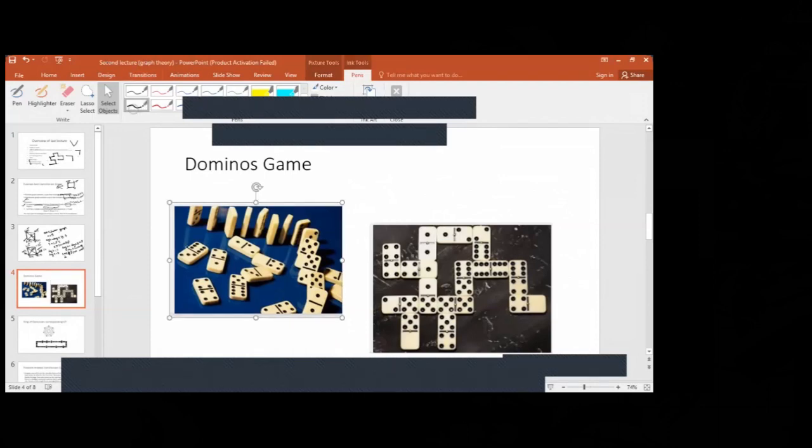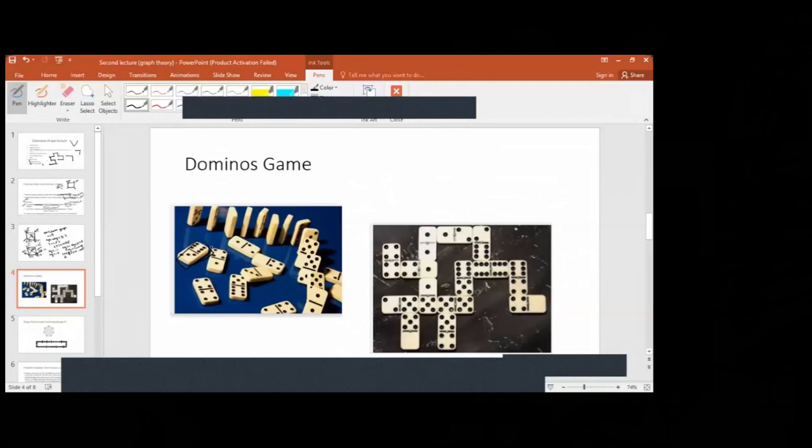This is a rectangular tile, usually with a line dividing its face into two squares. When we divide a rectangle, we get two squares.